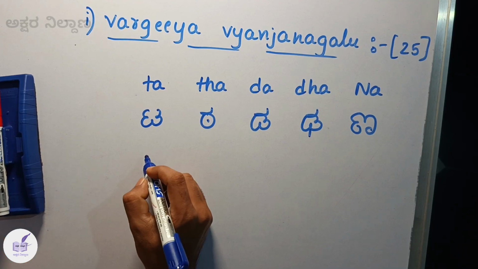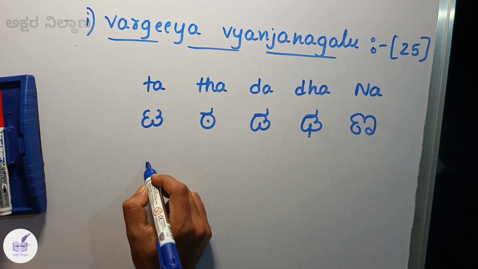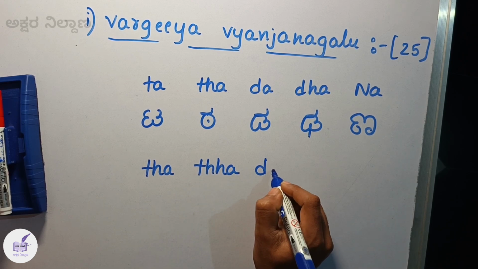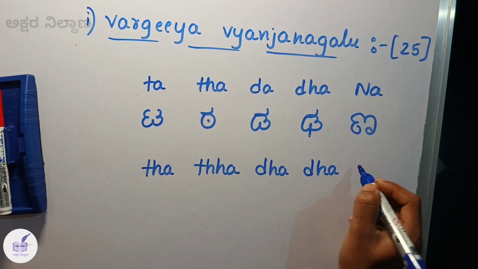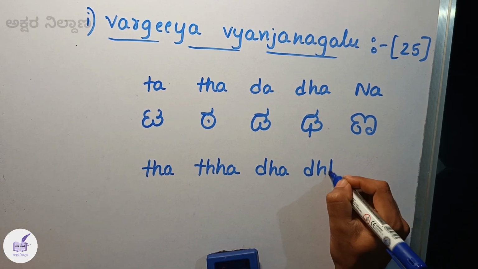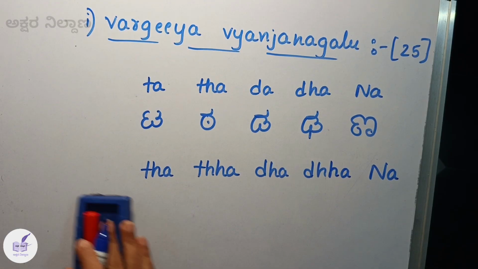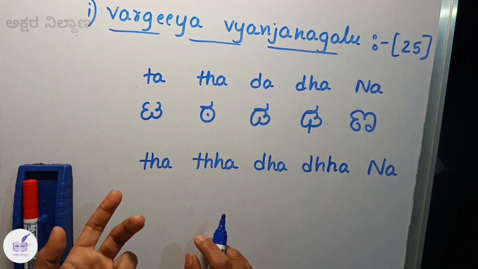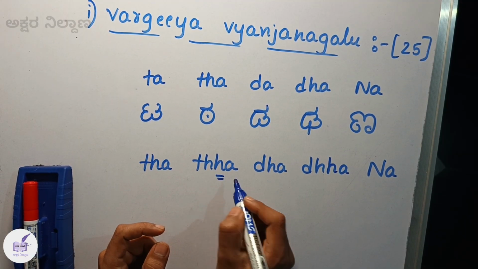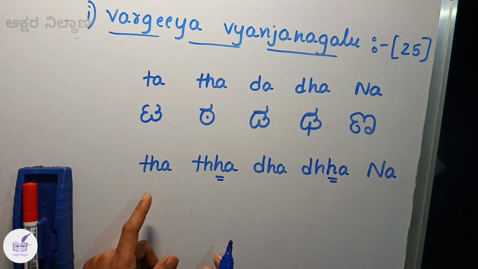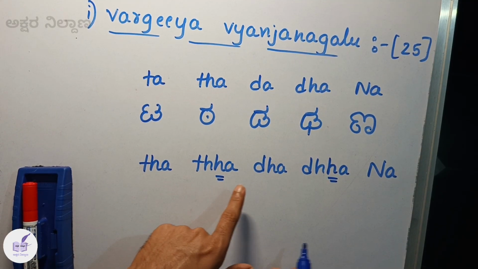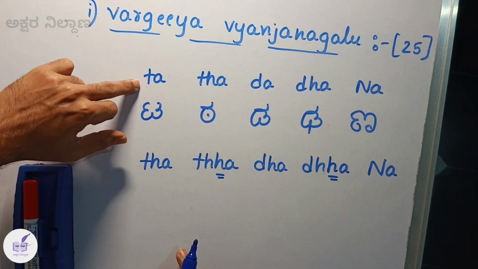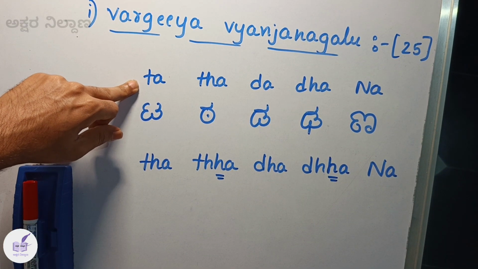So next line: tha, tha, da, dha, na. See the way here, one H represents the letter ta, and the next H represents the sound, the extra effort. The difference between these two lines is that when you pronounce the top line, the tip of the tongue touches the upper palate.